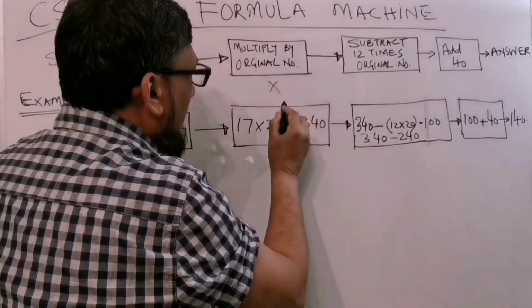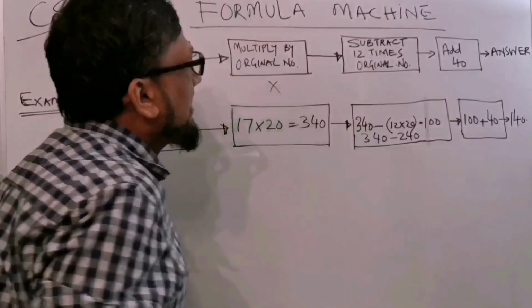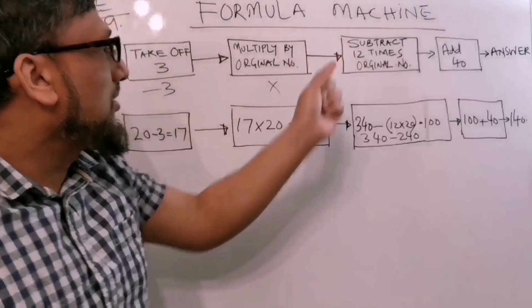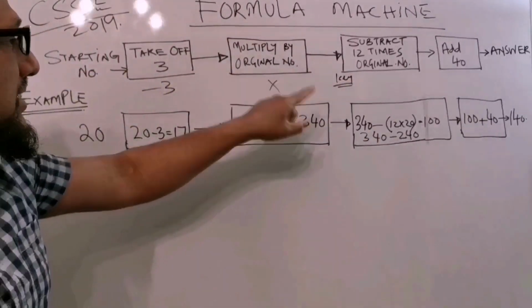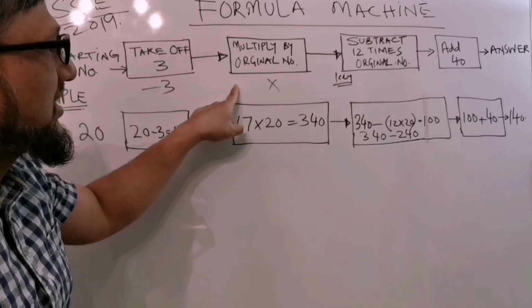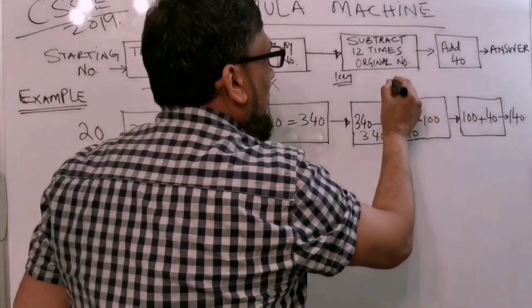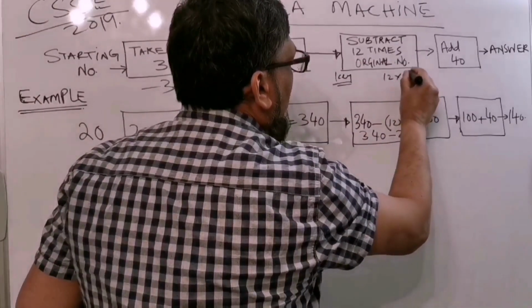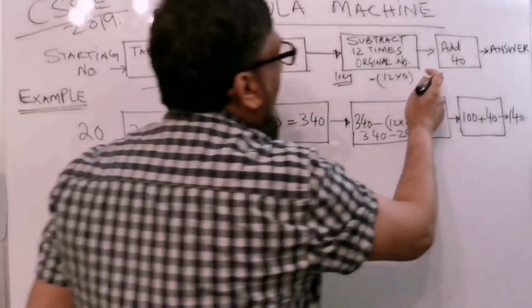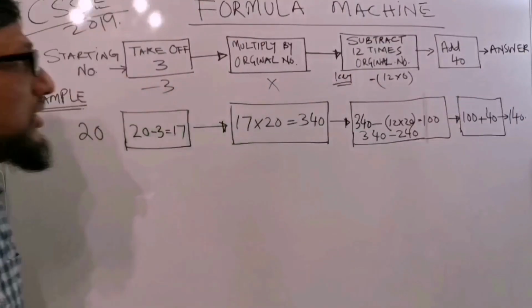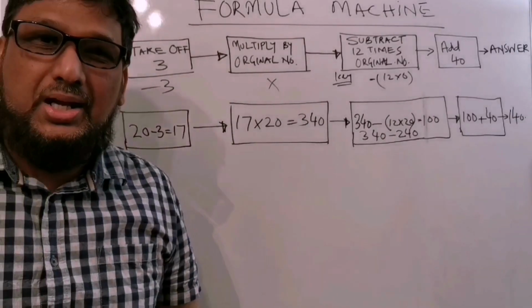After that you need to subtract, and this is very important: the answer you get after the second step, you need to subtract 12 times the original number. Finally you add 40 to get the answer. This is the formula machine designed by mathematicians.